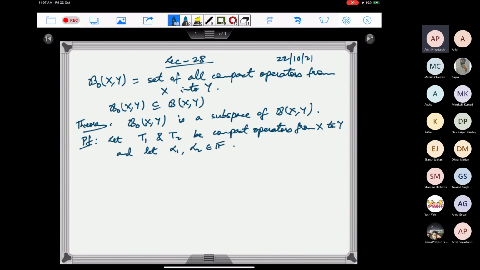Then we have to show that alpha 1 T1 plus alpha 2 T2 is also a compact operator. So to show alpha 1 T1 plus alpha 2 T2 belongs to B0(X,Y).